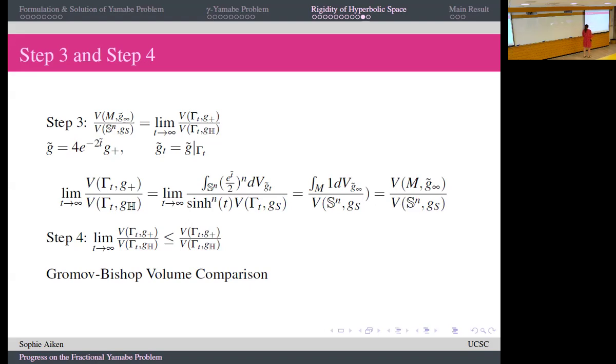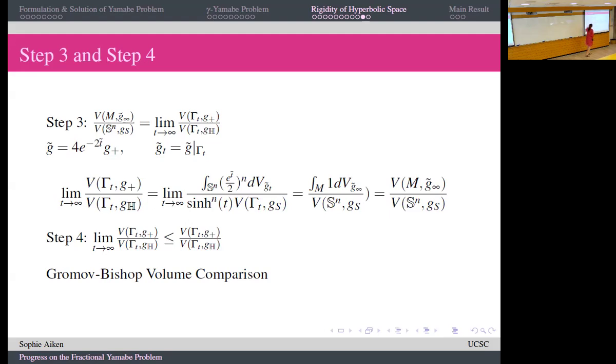So maybe I put too much technical stuff on the slide, but the gist is a comparison of geodesic spheres to recover our classic Gromov-Bishop volume comparison. The way they do it is by making a special choice of a conformal factor, where t really is this distance function going out.